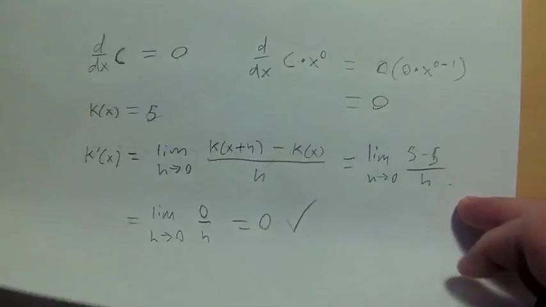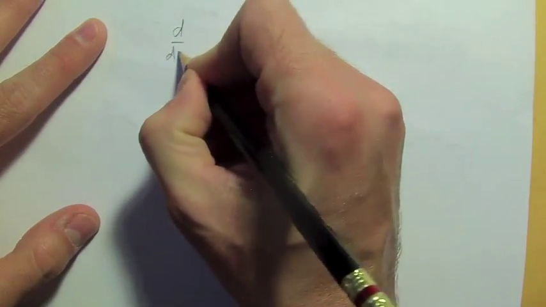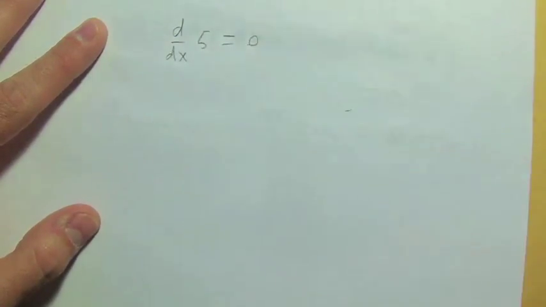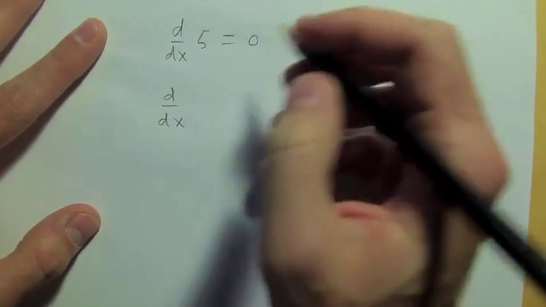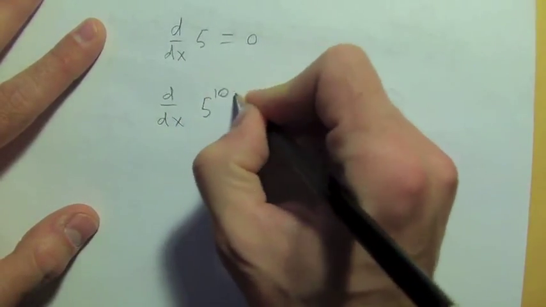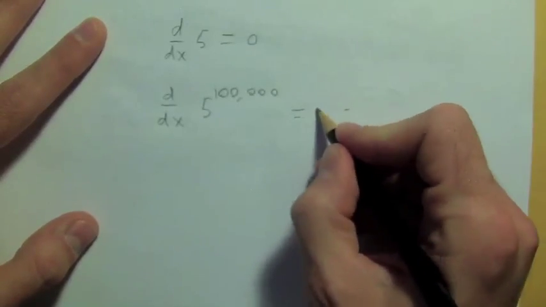The neat thing about that is, no matter what the constant looks like, right? If I want to take the derivative of 5, it's 0. Or if I want to take the derivative of 5 to the 100,000th power, that's still a 0.